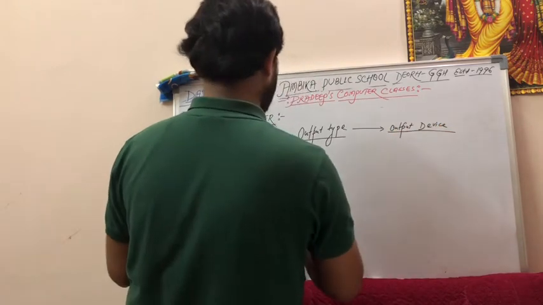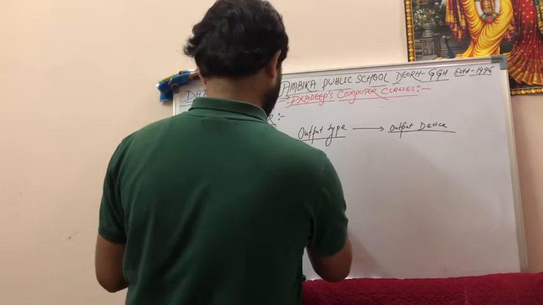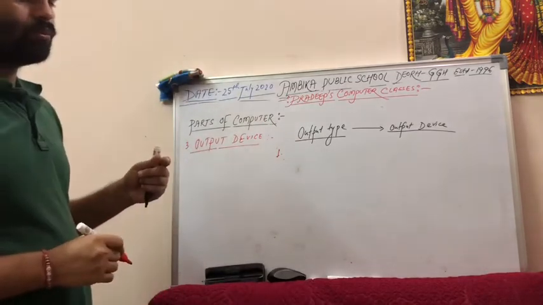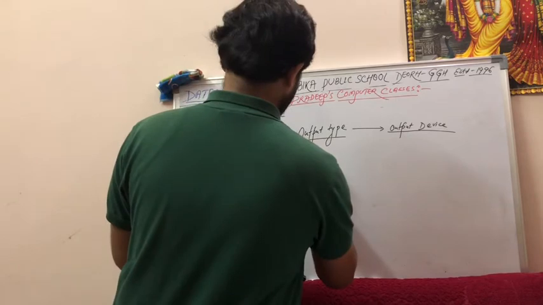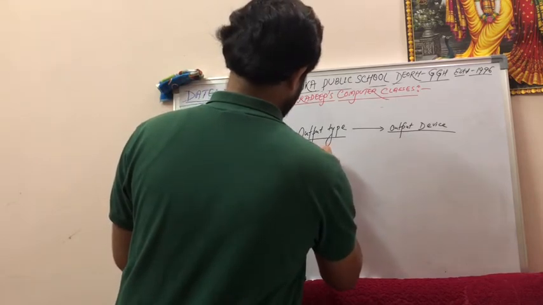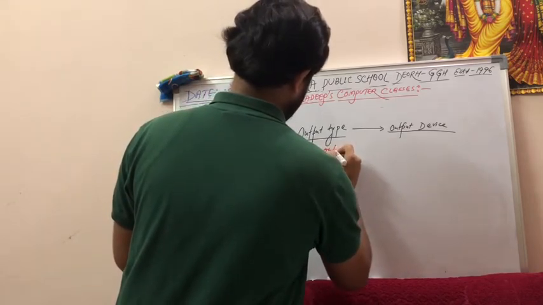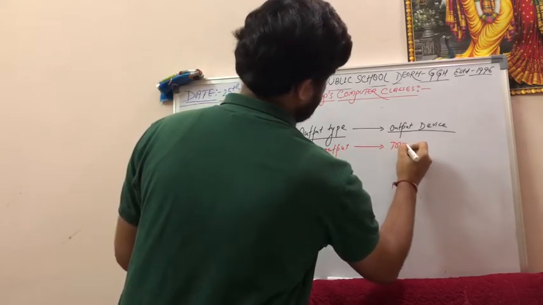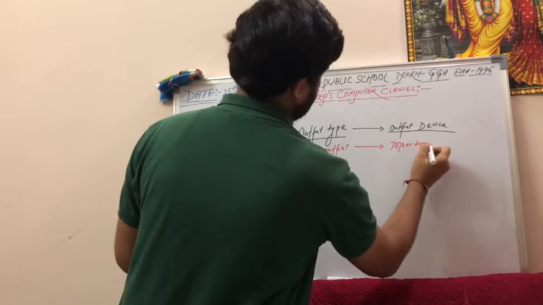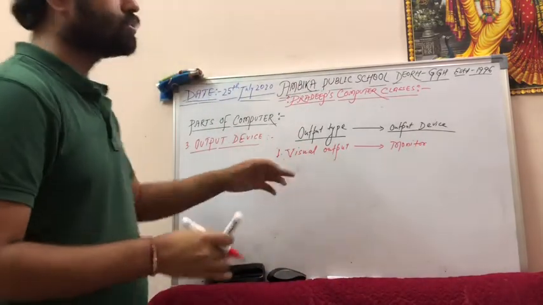Right? So first is, if you need visual output, what things do you need? The monitor. Visual output means you wanted to see something.